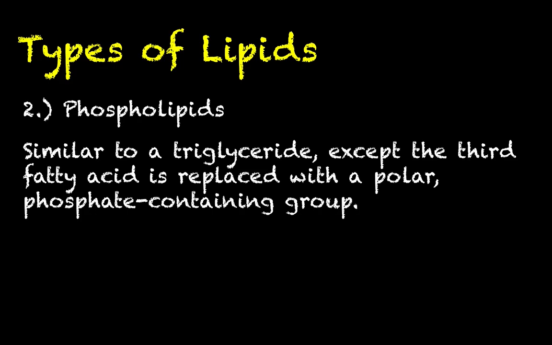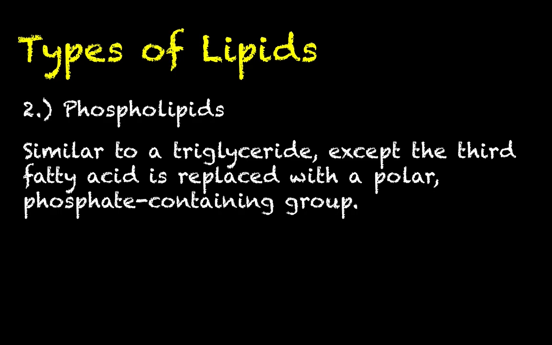The next type of lipid that we'll talk about are called phospholipids. Phospholipids, as we are going to see, make up a very critical part of the cell membrane, and since our next chapter, Chapter 3, is going to cover a lot of the cell membrane and cell membrane structure and function, we'll have a lot more to say about phospholipids in a future video, but we'll just briefly introduce them now.